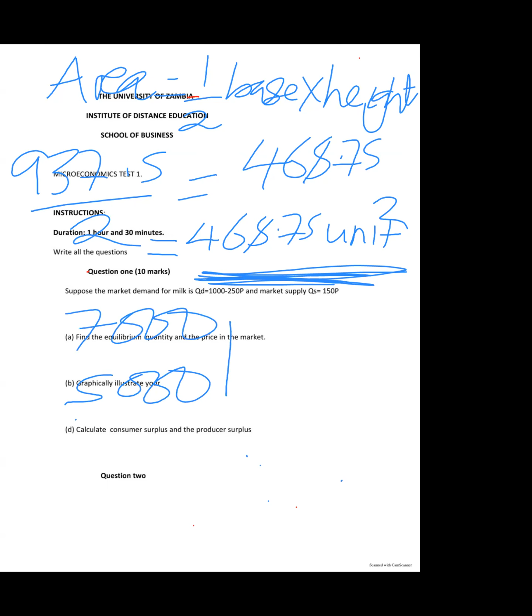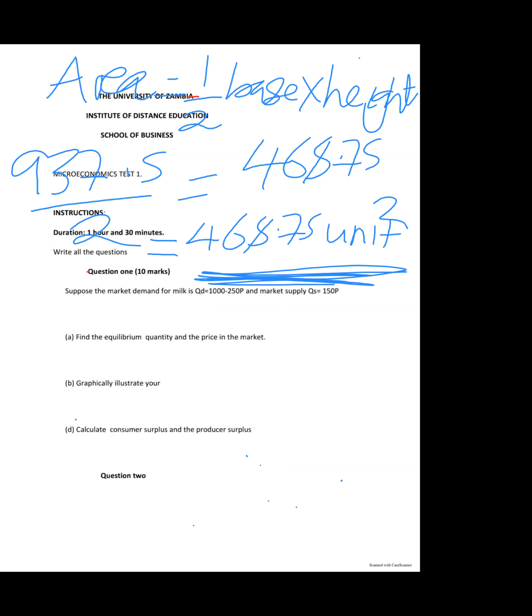So this difference is what is called the producer surplus, meaning they have gotten some surplus as the producers. They have gotten more. This is how you basically solve this question.